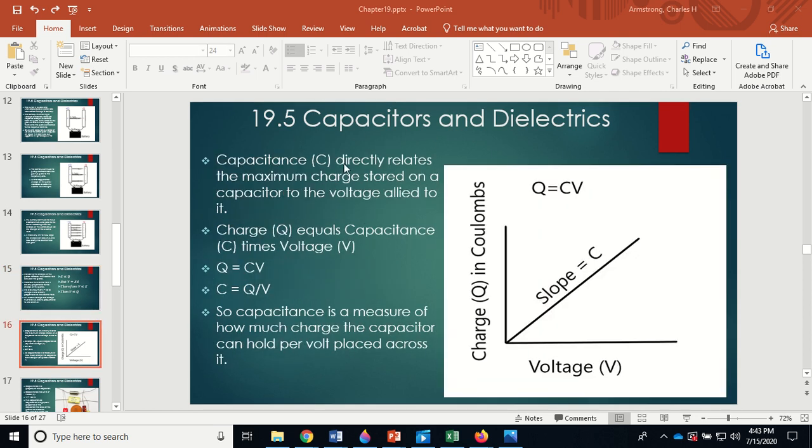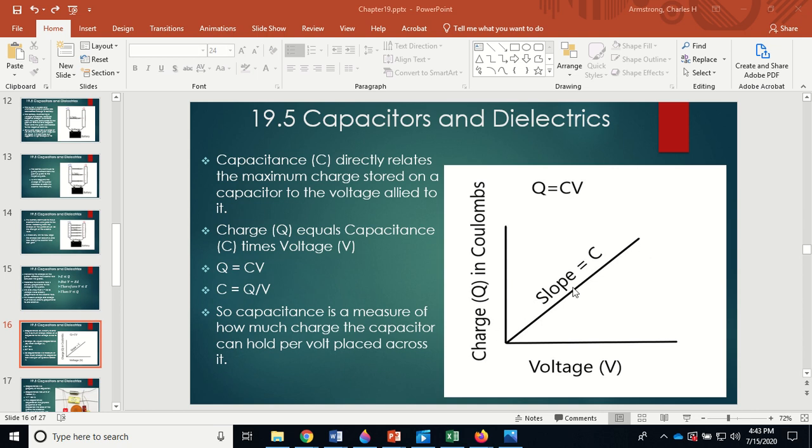Capacitance directly relates the maximum charge stored on a capacitor to the voltage that should be applied to it. Applied, it should be applied. Okay, so the more voltage you apply, the more charge you're going to get. So we have this constant of proportionality.